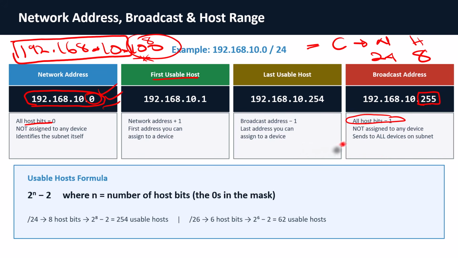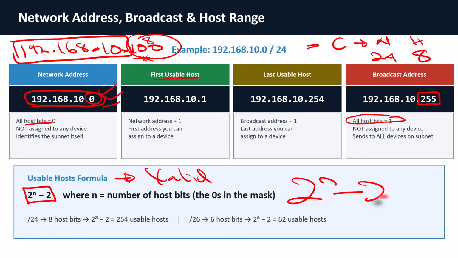For us to get the number of hosts available, this is the formula we always use. This is the formula we use to get the usable hosts. Sometimes they replace the word usable with valid, so if we ask you for valid hosts, this is the formula you use: 2 to the number of host bits, minus 2.